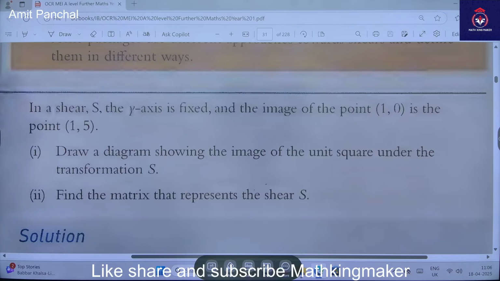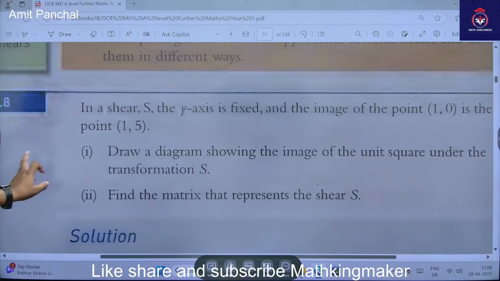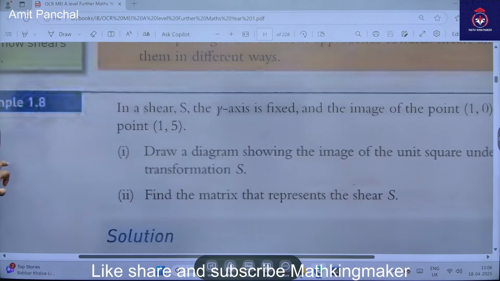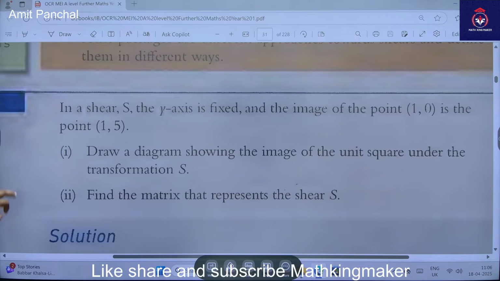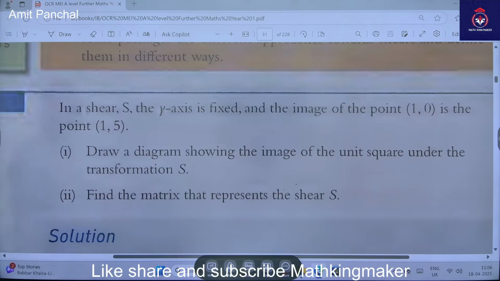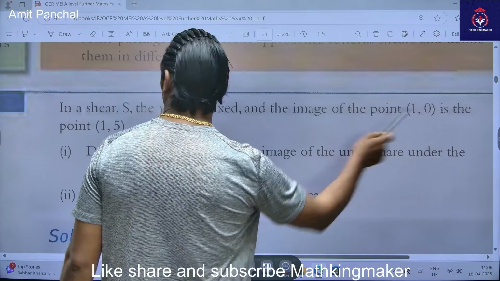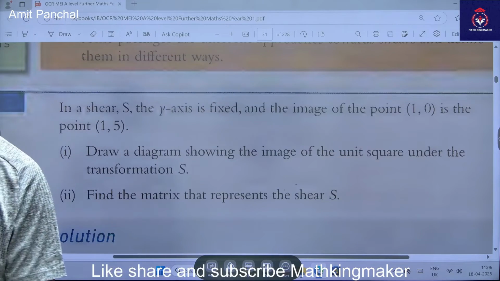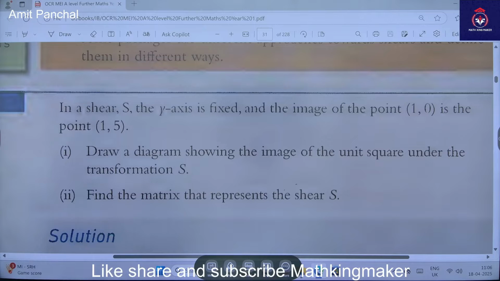Draw a diagram showing the image of the unit square under the transformation S, and find the matrix that represents the shear S. Can you do this example? You have to take a unit square.